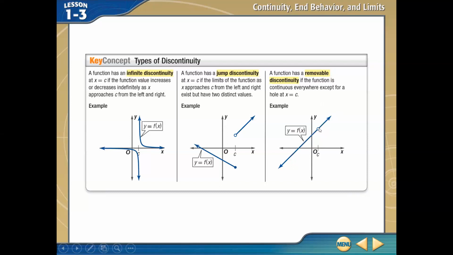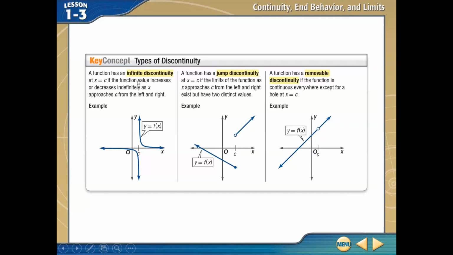So removable discontinuity, the value of L in our limit symbols are going to be the same. Here, jump discontinuity, the values of L are going to exist, but they're different numbers. Okay, and they're not positive infinity or negative infinity.